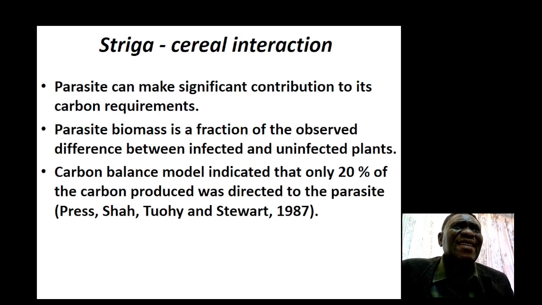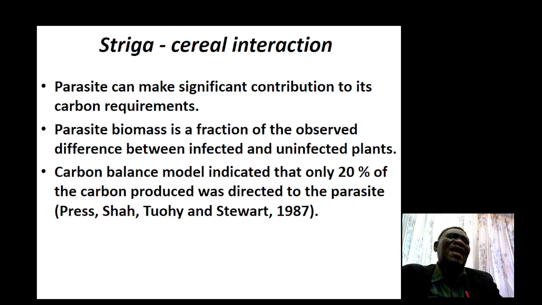But in a striga cereal interaction, the size of the striga cannot account for the losses in carbohydrates. And in fact, the parasite can make a significant contribution to its own carbon requirements. But parasite biomass is just a fraction of the observed difference between infected and uninfected plants.